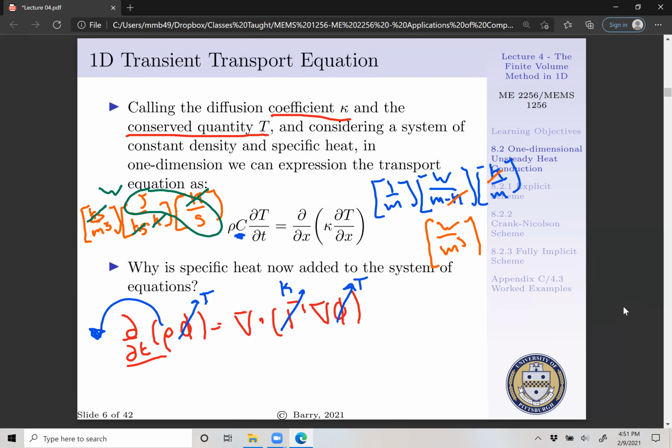Now, this really highlights an important point, right? Because we said our change of enthalpy was equal to our specific heat times our change of temperature, in this particular instance. And temperature isn't really a quantity that we conserve. There is no conservation law that says temperature has to be conserved. Its energy has to be conserved.